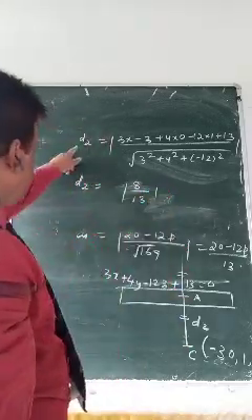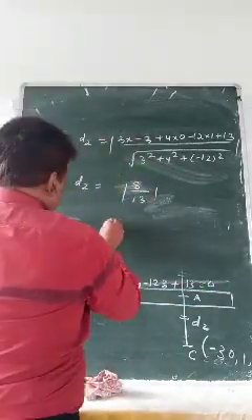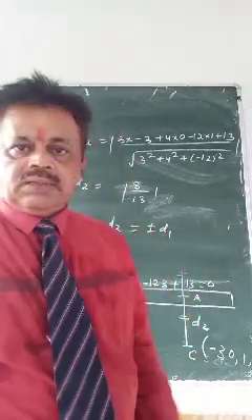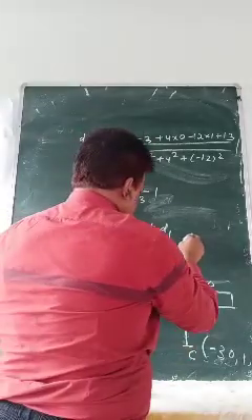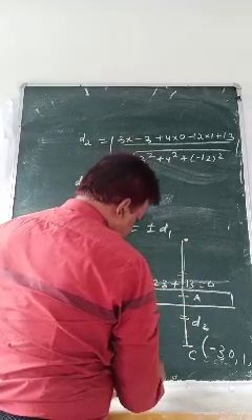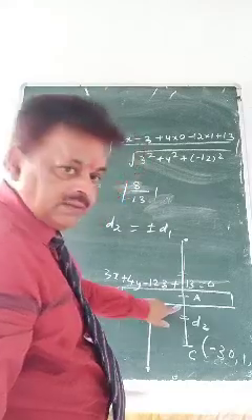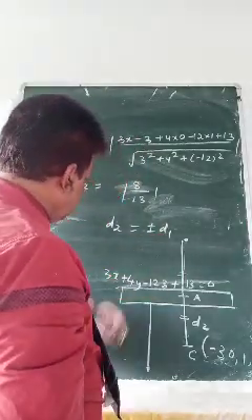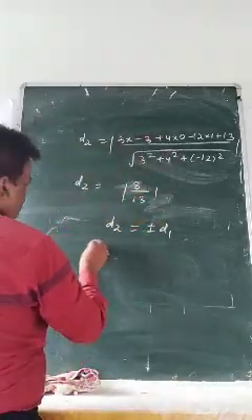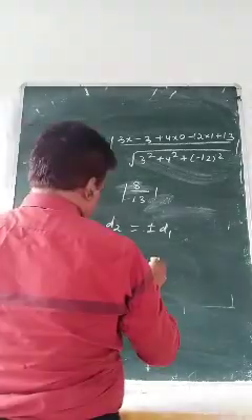Okay, now d1 equals d2, or you can write d2 equals plus minus d1. Why plus minus? Because that point can be on the opposite side or the point can also be on the same side. Either this point also can be here, equidistant. So that is why you take plus minus d1. So you are getting 8 by 13 equals plus minus d1.